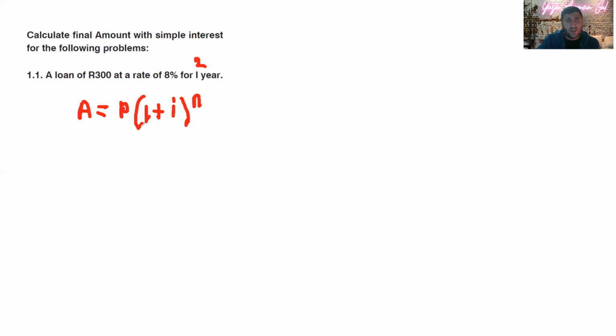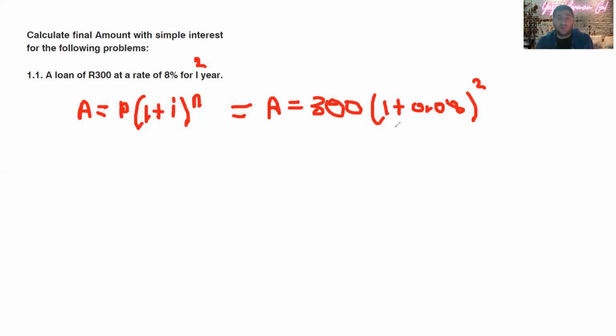So if we apply this in the formula, P is 300 Rand, the initial amount, 1 plus the interest rate, which is 0.08, then to the power of n, where n is 2 years. If you put these figures in your calculator, since you are going to be allowed to use a calculator, then you will get the answer.